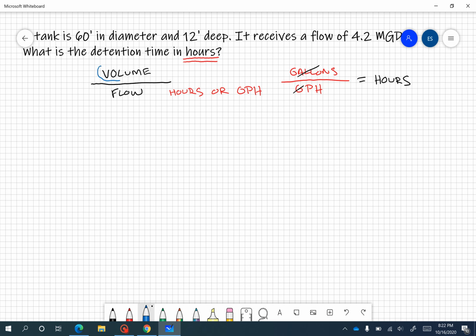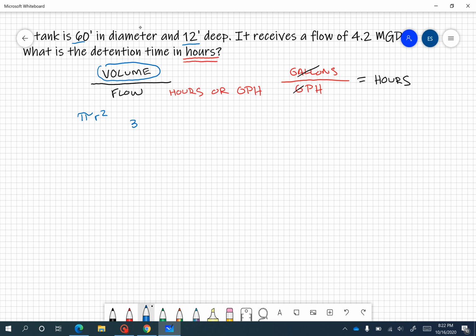Calculating volume, we have a tank that is 60 feet in diameter, 12 feet deep. My preferred formula for calculating the surface area of a circle is pi times the radius squared. Radius in this case, if the diameter is 60 feet, is 30 feet.